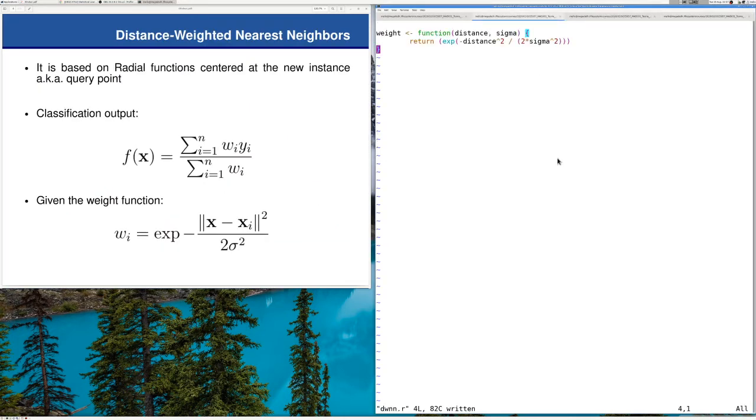Okay? So having this weight function, what happens in my distance weighted nearest neighbors? What's going to happen is something like this. Someone is going to provide a knowledge, what we call knowledge base. The knowledge base is the same as the points I know and I have access to their classes.